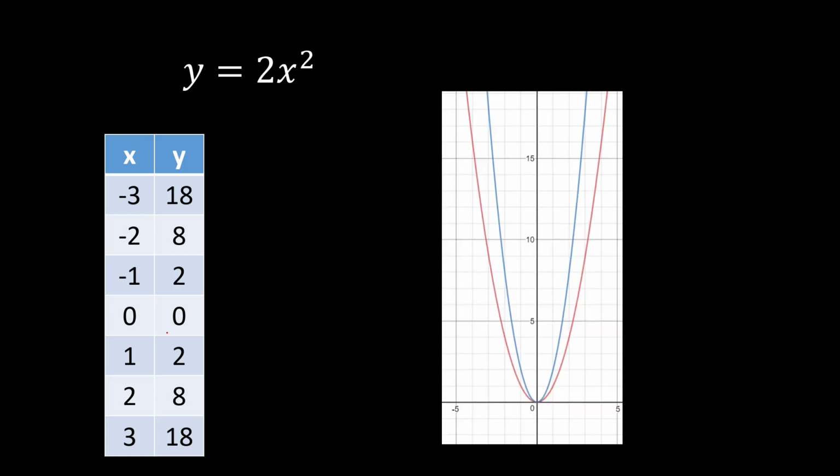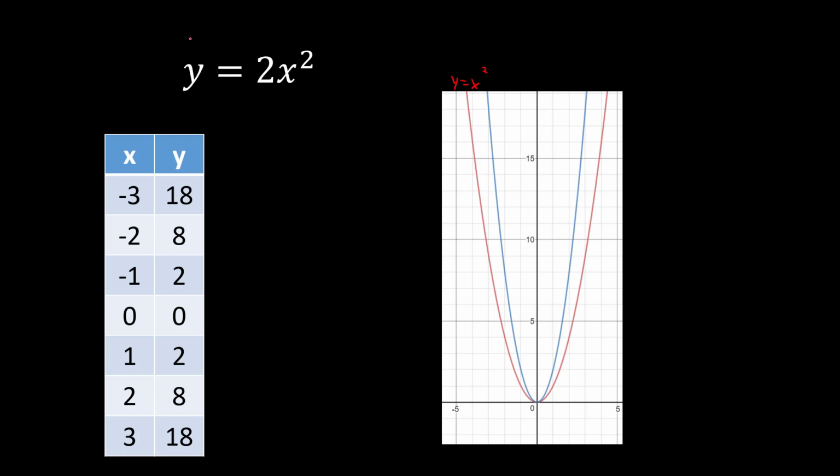So now we have -3 squared is 9 times 2, gives me 18. -2 squared times 2 gives me 8, and etc. So now if you were to graph each of these points and compare that to the original graph of just y equals x squared, here the red line is y equals x squared, and the blue line is y equals 2x squared. Notice that it became skinnier. When you put the 2 in the front, this became skinnier.